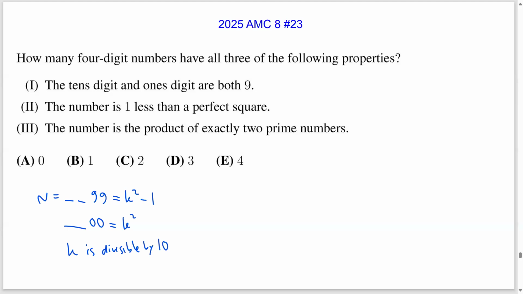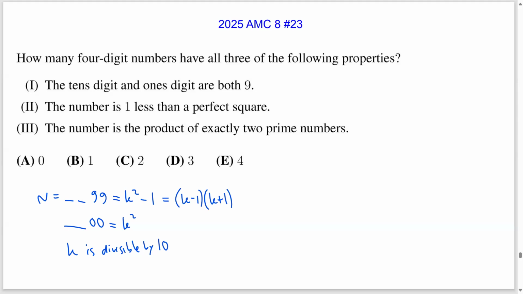Okay, so we now know that n has to be 1 less than a perfect square, and that perfect square must be a multiple of 100. Next, we can use the fact that k squared minus 1 factors using difference of squares. This is equal to k minus 1 times k plus 1.